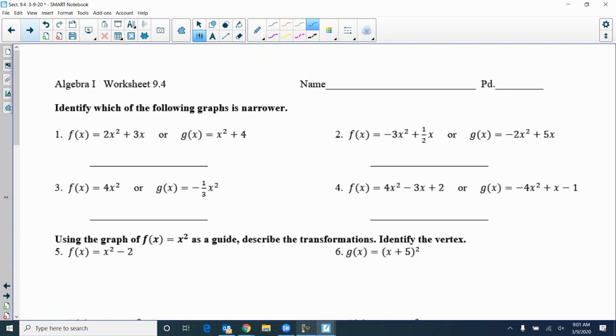All right, I want to kind of do this together, the left side. Hold on, keep that stuff in front of you though.